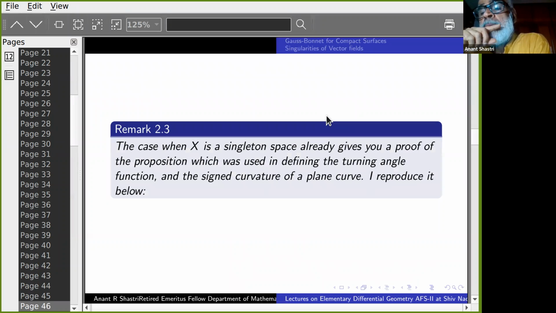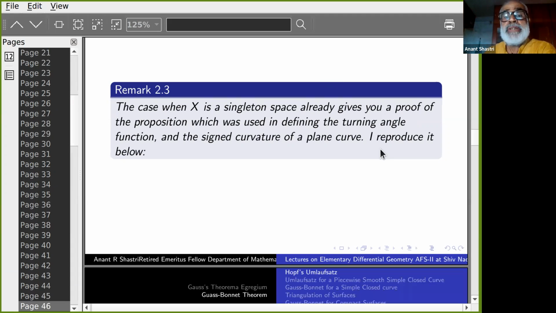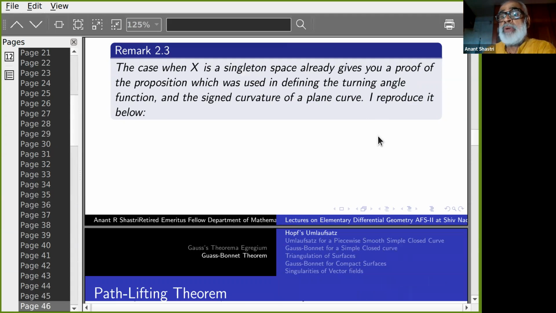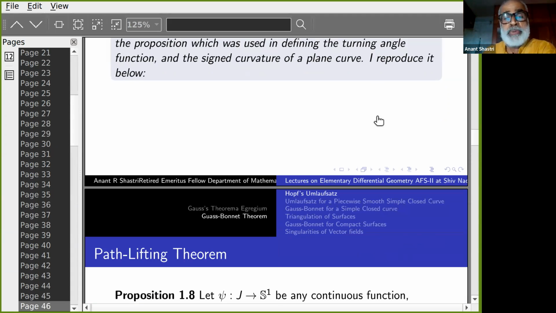We introduced the turning angle theorem or whatever in defining the signed curvature of a plane curve, right? At that time, I told you that I will give you the rigorous proof later. All right, so now I have given you the rigorous proof of that one also. I will just reproduce that one. I'm not going to prove it again because we have just proved that one.